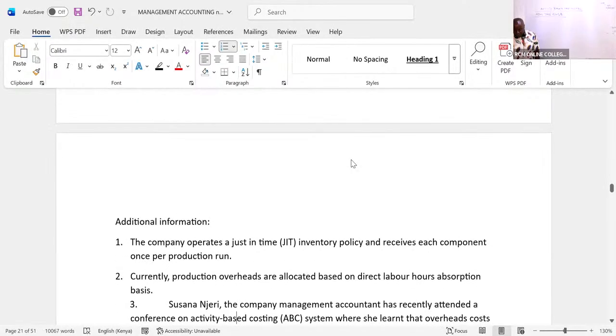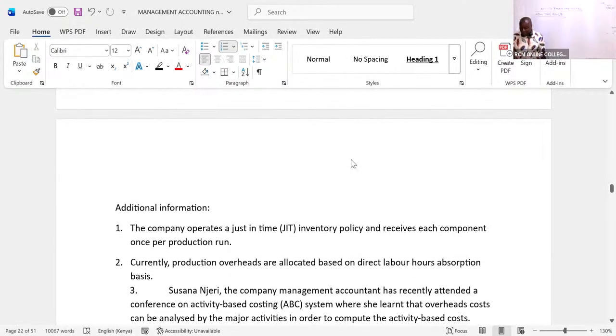So additional information: the company operates a just-in-time system, a JIT inventory policy, and receives each component once per production run. I haven't yet taught you what we call inventory management, but whenever you hear of this JIT, what comes to your mind? Yes.